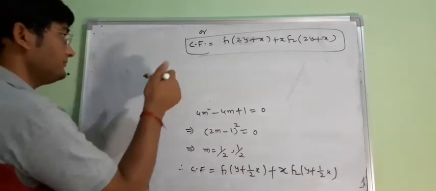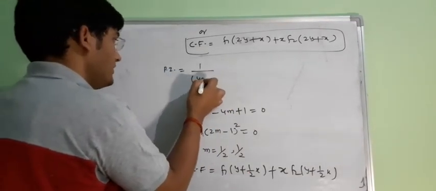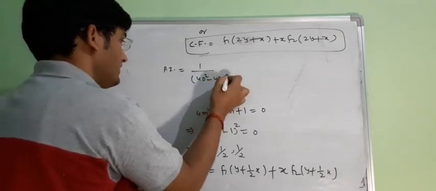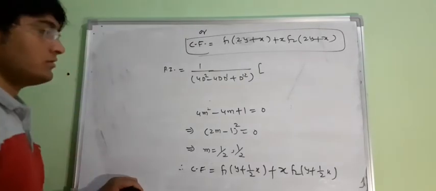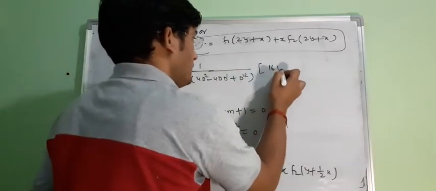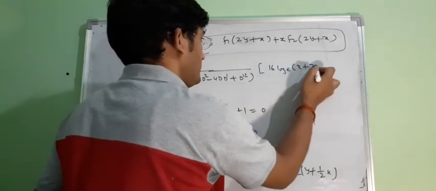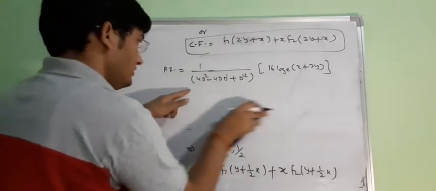Now the particular integral PI will be 1/(4D² − 4DD' + D'²) times 16 log_e(x + 2y).